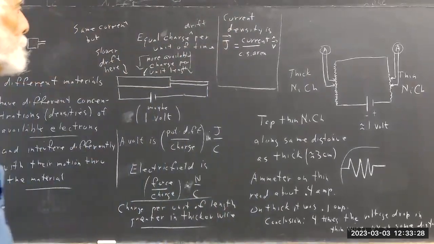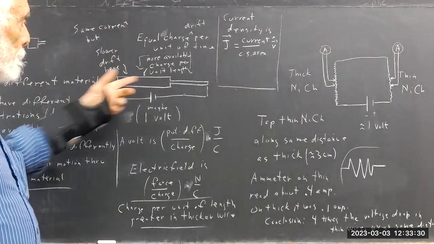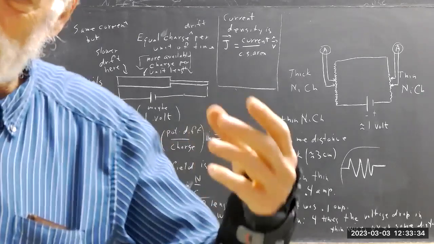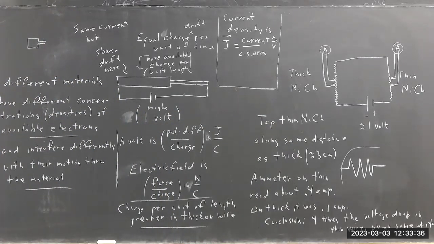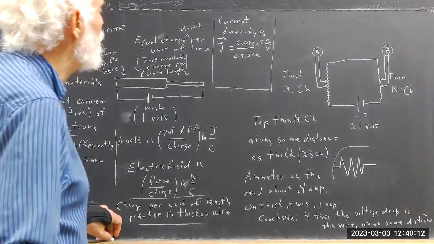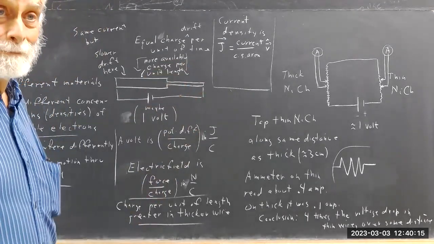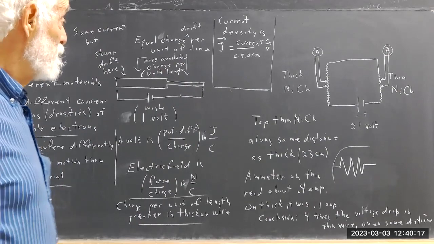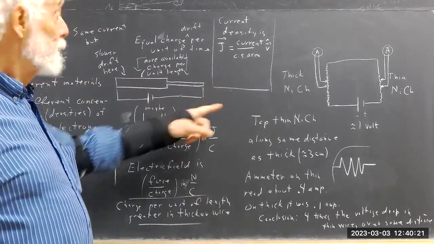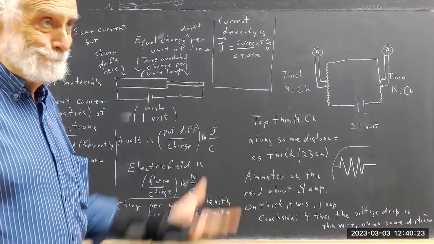Okay. Where is the current density greater? In the big wire or the little wire? The fat wire or the thin wire? Pause this for a second. Discuss it. Okay, well, got a real good explanation. Basically said, got the same current running, you got less cross-sectional area, so you're going to have more current density.